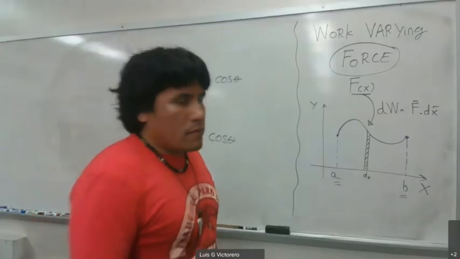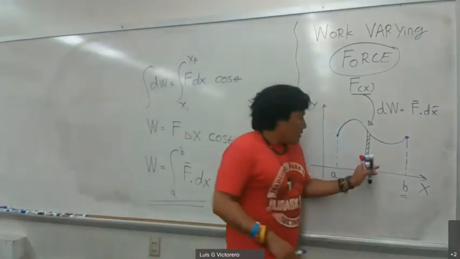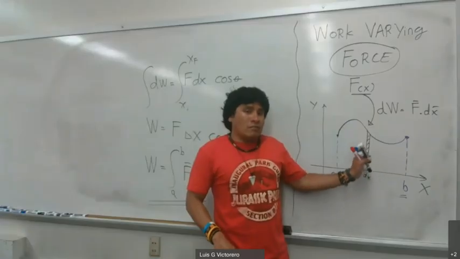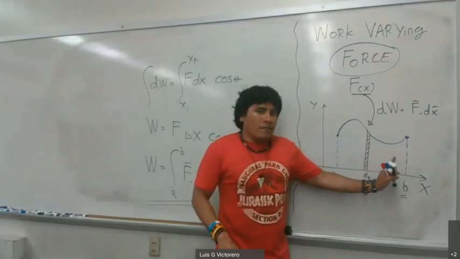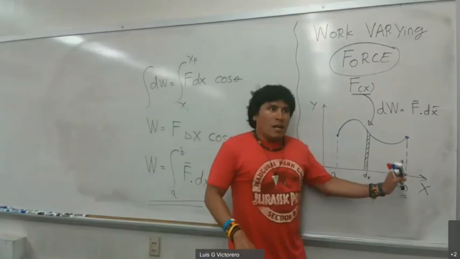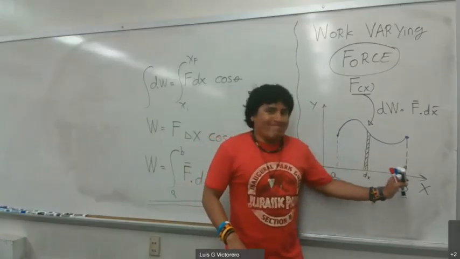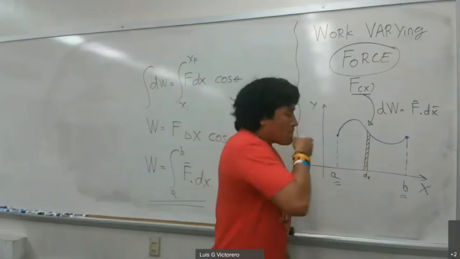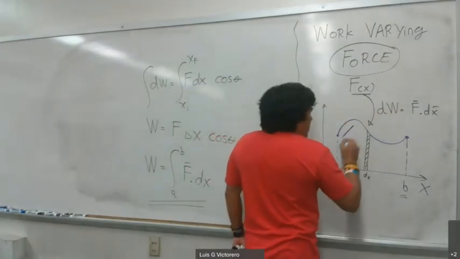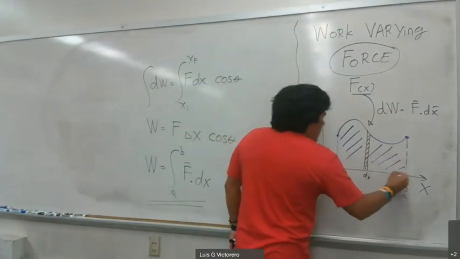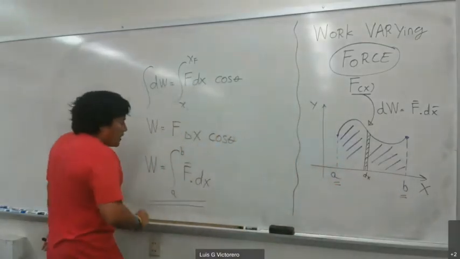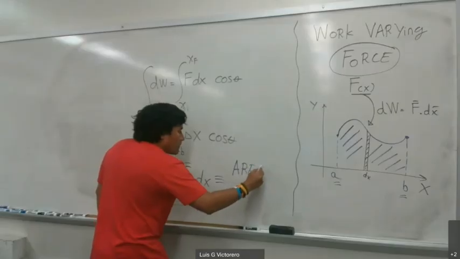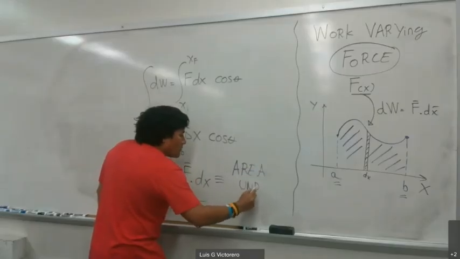So, trapezoid. Here I can find the area of this rectangle, and then use the lower and upper sides, and you find the work, which in terms of math is the area under the curve.